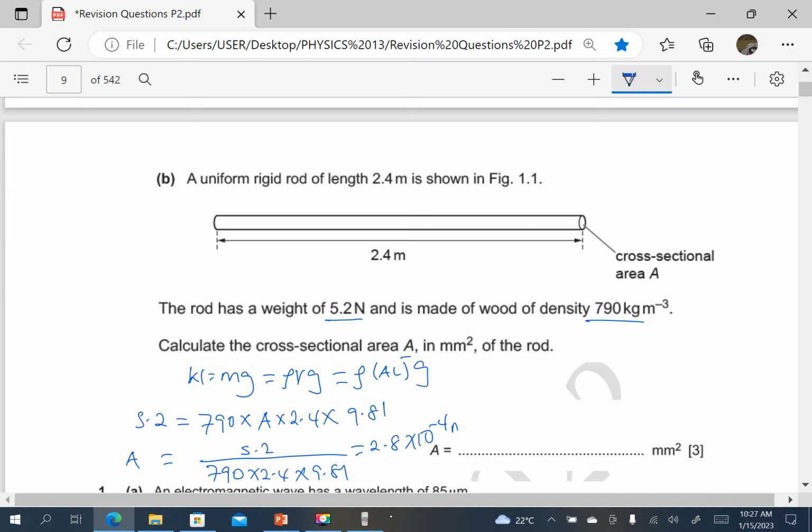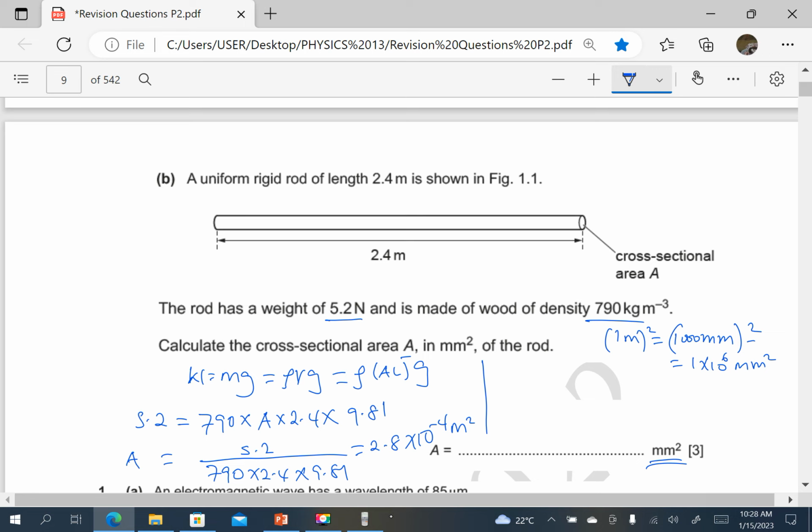Note that that is cross-sectional area in meters squared, but we want the answer in millimeters squared. You and me note that 1 meter is the same as 1000 millimeters. 1 meter squared is the same as 1000 millimeters, but the whole of it is squared, which means this is going to be 1 times 10 power 6 millimeters squared.